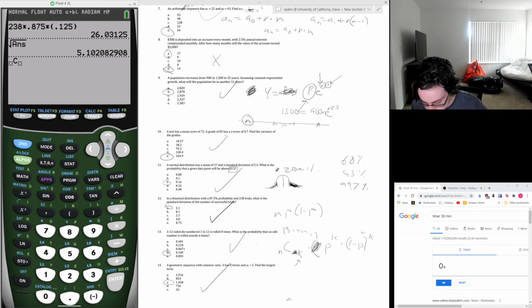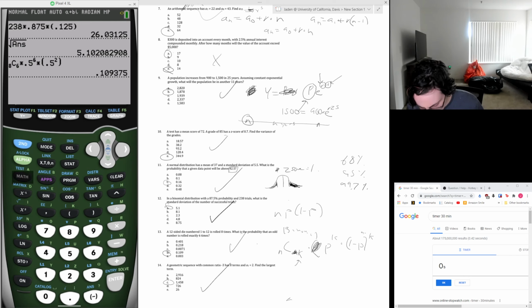So you have 8 choose 6, which basically represents the number of combinations of different ways that the specific event could happen, times 0.5 to the 6th, because we want that event to happen 6 times, times 0.5 squared, because that's 8 minus 6 the number of times that it doesn't happen. 0.109.